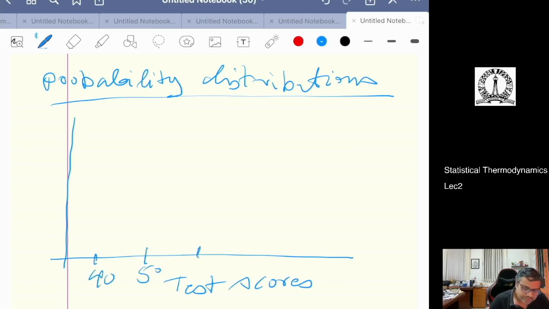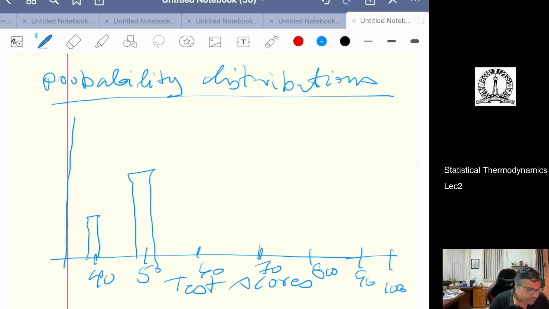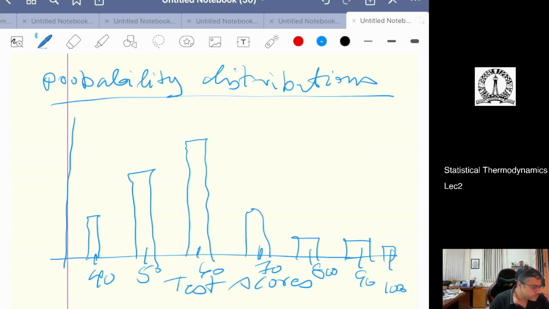So this is 40, 50, and you have something like this starting to form from here. And this is the fraction of the students.